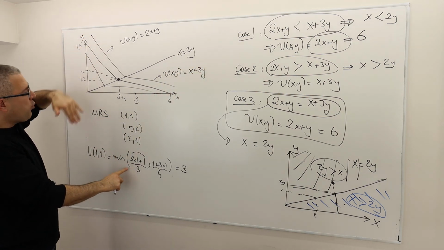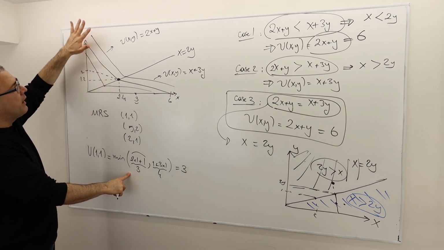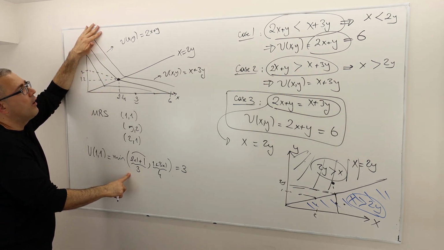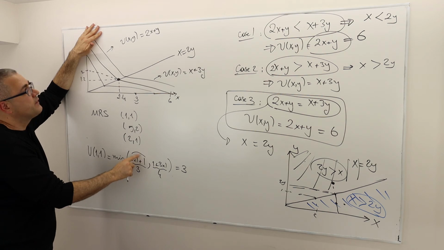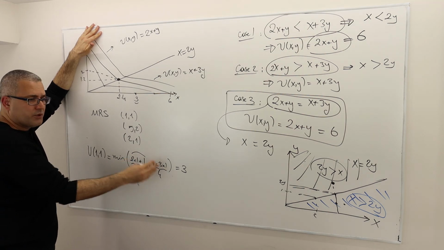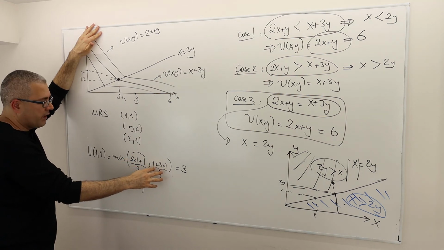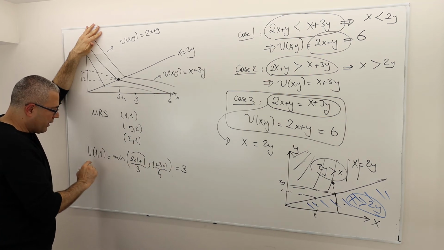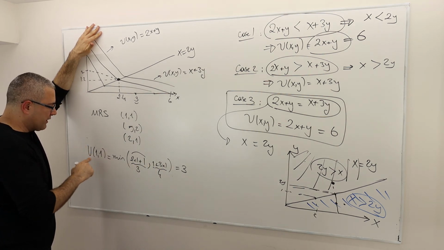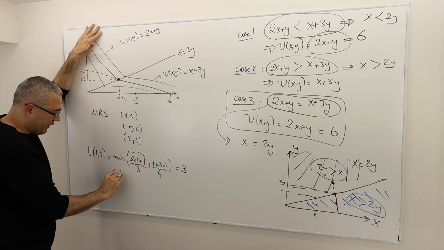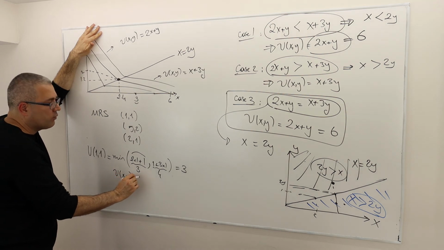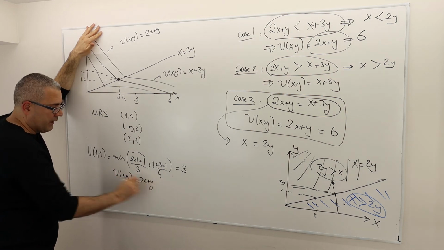So the 1, 1 point is on the upper half of my indifference curve, because 2x plus y was minimal, or smaller than x plus 3y. So therefore, when my bundle was 1, 1, the utility function was in fact equal to 2x plus y.